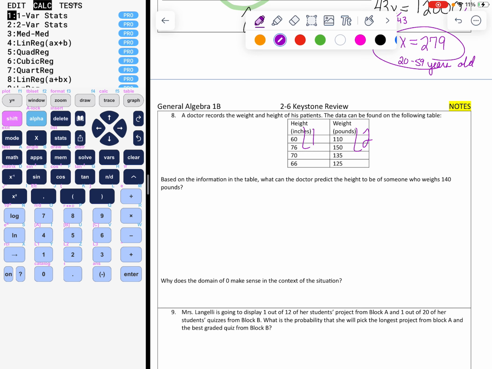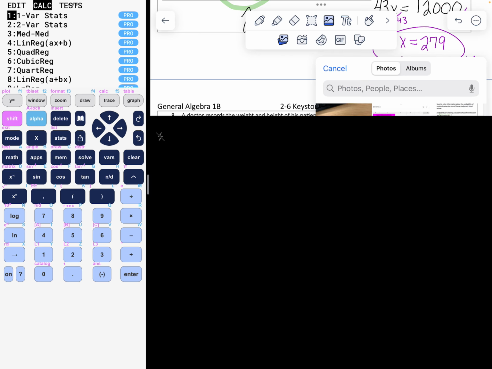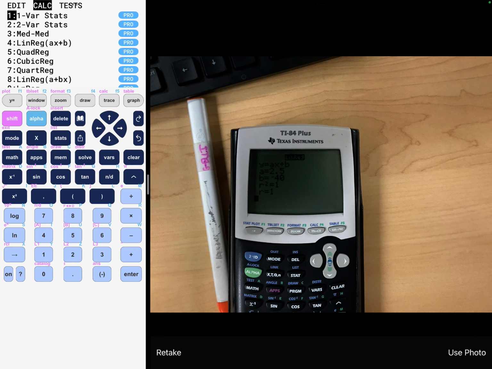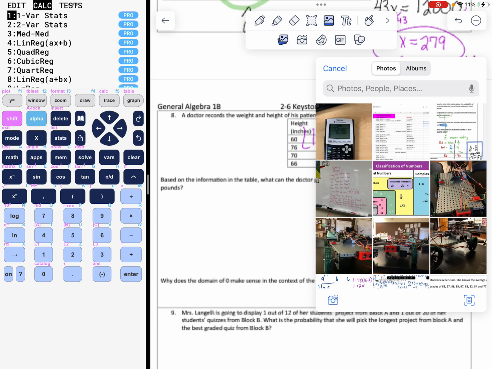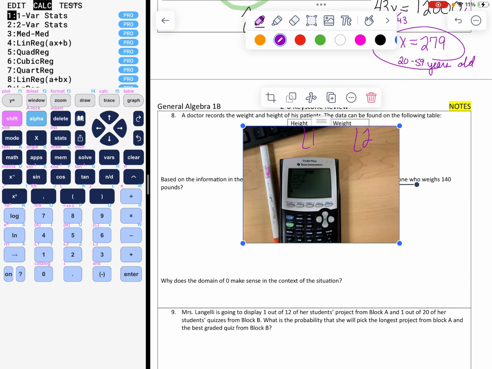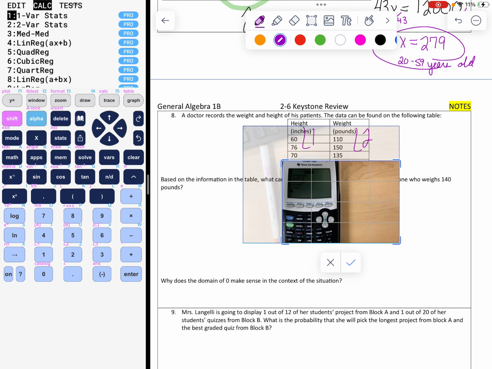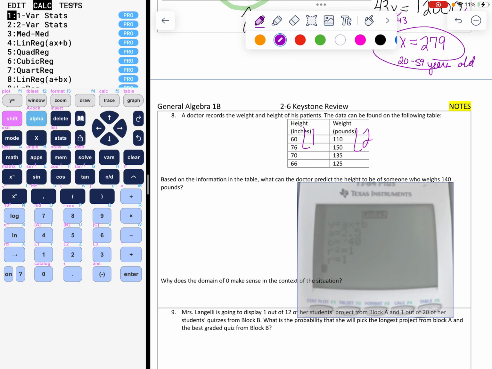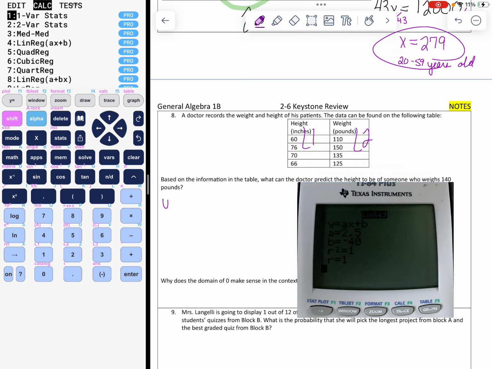And I get, show you my calculator. All right, my equation will be y equals 2.5x minus 40.